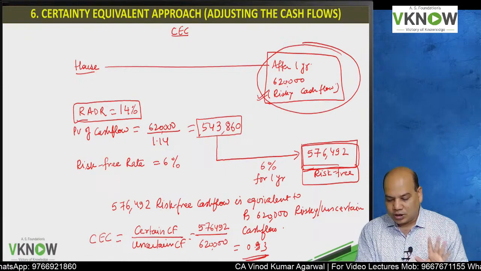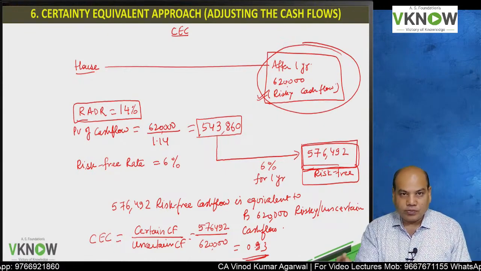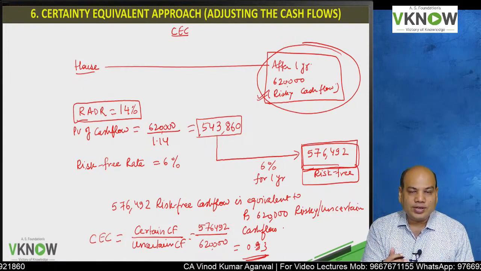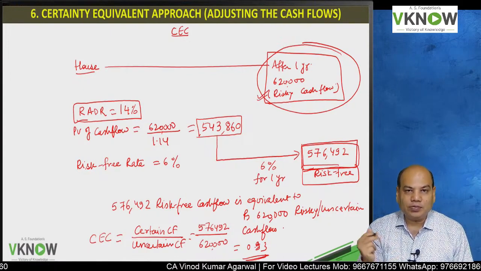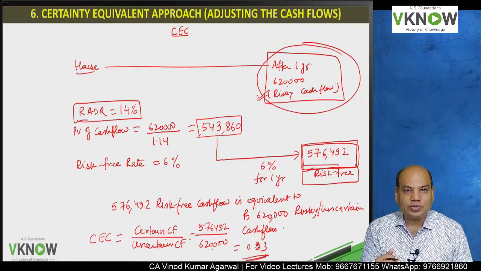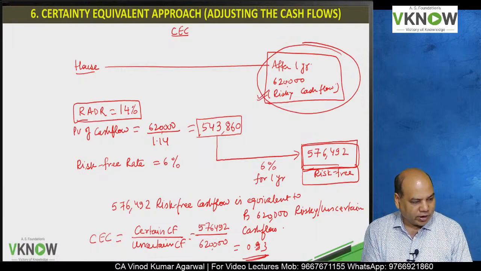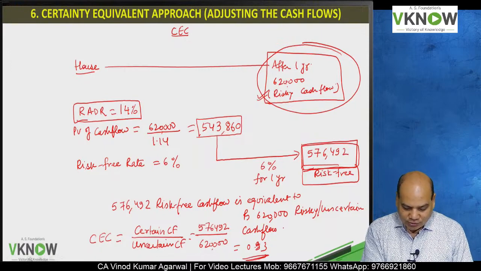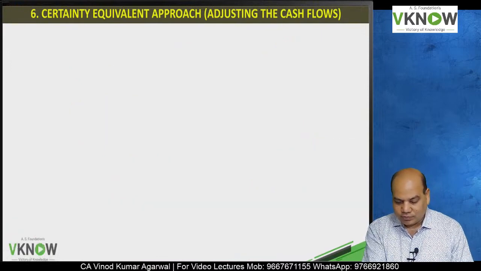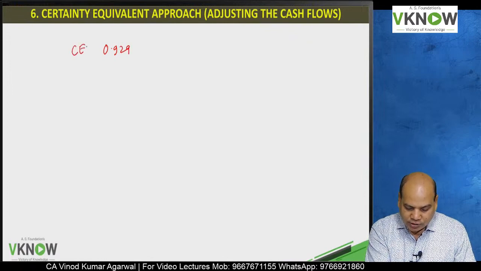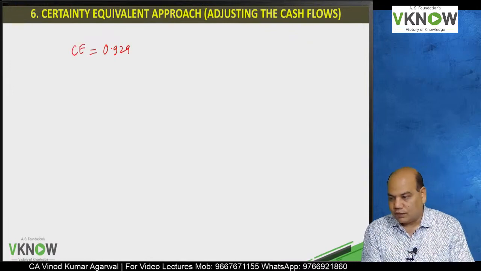So what we do in the certainty equivalent approach is convert risky cash flow into risk-free cash flow, and then use the risk-free discount rate to arrive at present value. Is it right? So Sajid Khan is also right, 0.929. So 0.929 is the certainty equivalent coefficient.